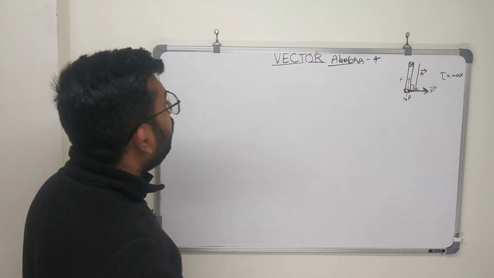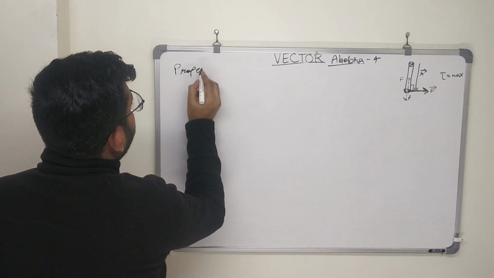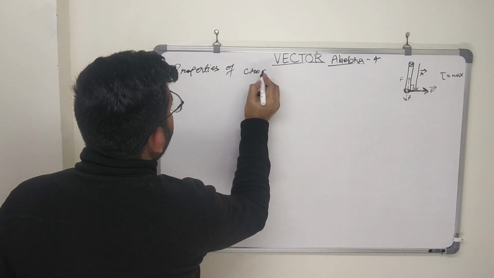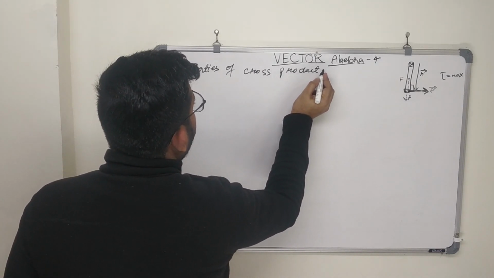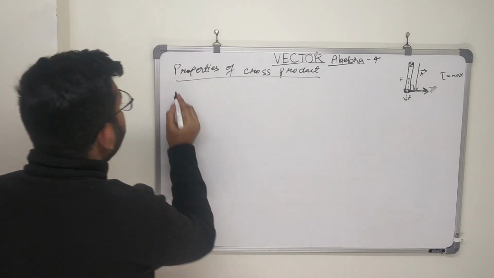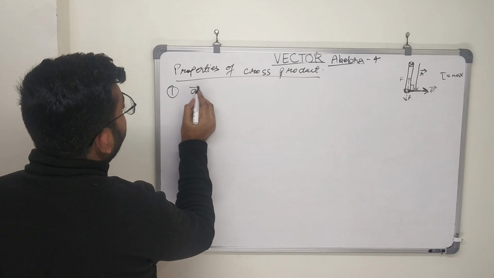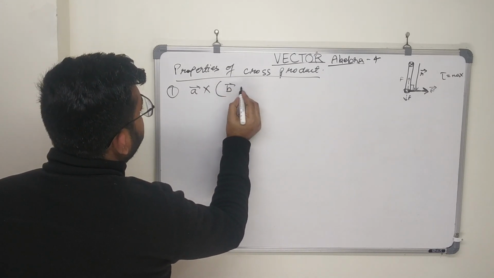Now some properties of cross product. So the first property is, suppose that there is A vector cross, in the bracket, B vector plus C vector.